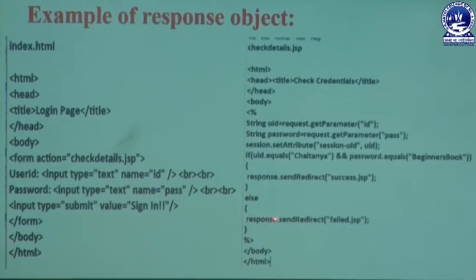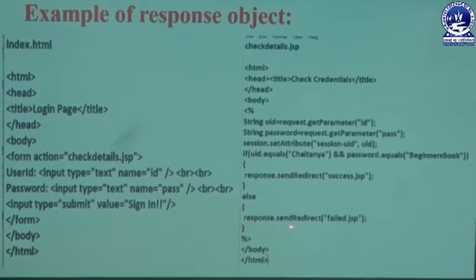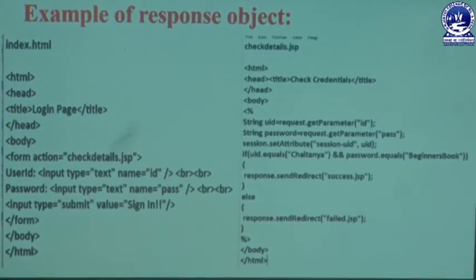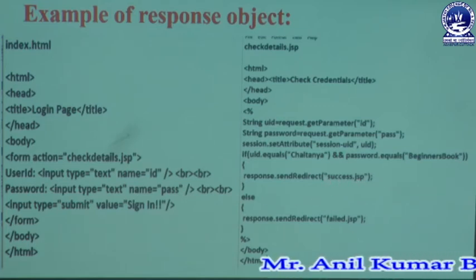The response object invokes the sendRedirect method, in which we have the failed.jsp page, and the user is automatically redirected to that failed page if the condition is not satisfied. If the condition is satisfied, we get the success.jsp page.